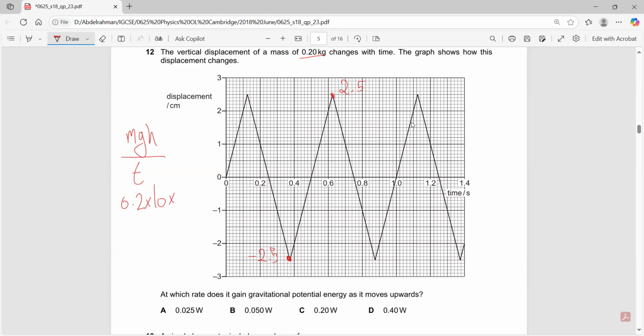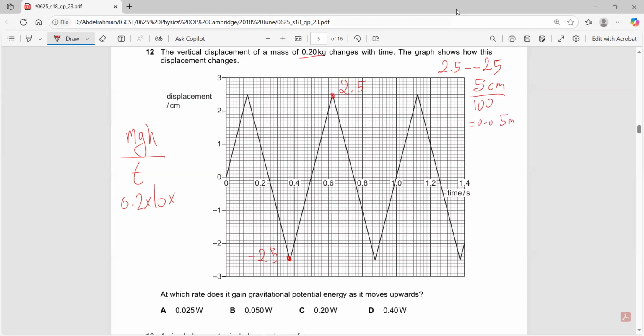Negative 2.5 centimeters to 2.5 centimeters. The total displacement is 5, right? If you find the difference, it's not zero, it is 5. Why? Because 2.5 minus negative 2.5 would be 5 centimeters. But you need to change this centimeters into meters. If you divide by 100, this would be 0.05 meters.